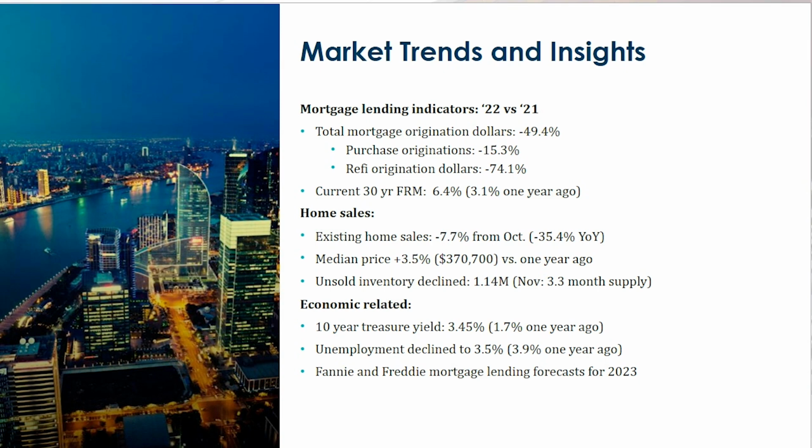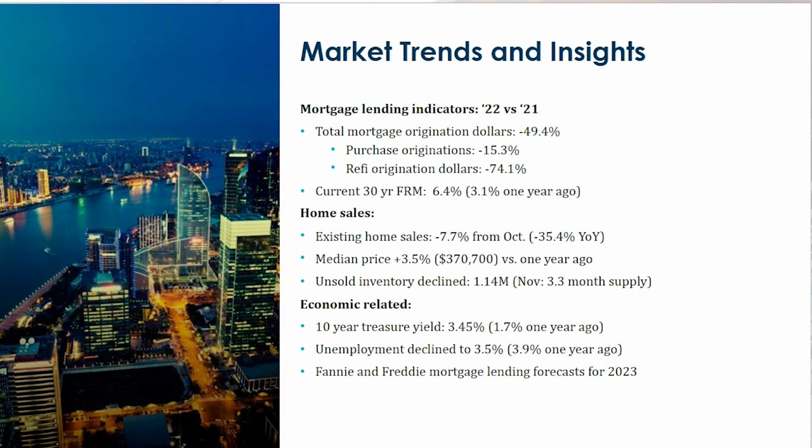And Fannie and Freddie have come out with their lending forecast for 2023. The size of the market in 2022 was $2.35 trillion. For 2023, Fannie Mae is projecting a mortgage market of $1.7 trillion. So quite a decline from 2022.